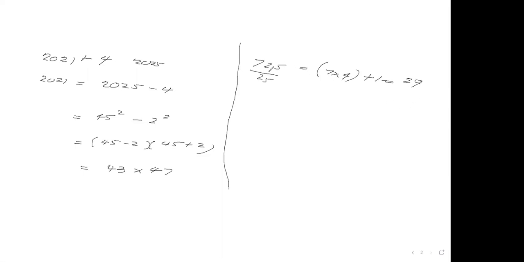So there are so many 25s in 725. So the number of 25s here is 20 times 4, which is 80, plus 1, which is 81, and that's a perfect square. That's 5 times 9 squared. So that's another way of doing it.